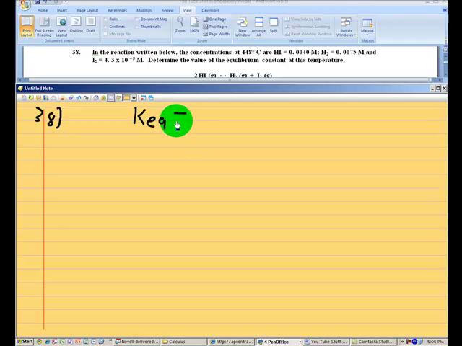Now whenever you calculate a KEQ, you have the concentration of the products divided by the concentrations of the reactants.